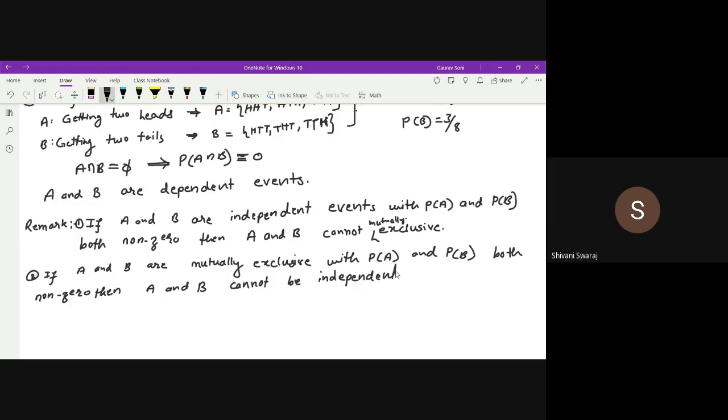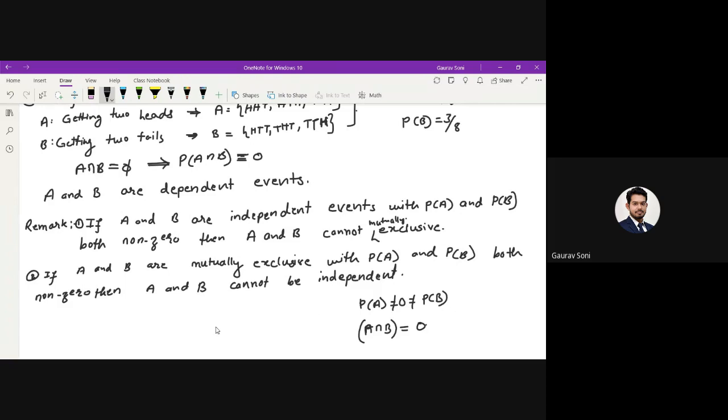Okay. As they are saying that probability of A and probability of B are non-zero, and if A and B are mutually exclusive, so A intersection B is equal to 0.